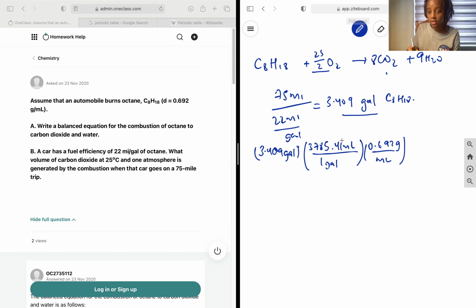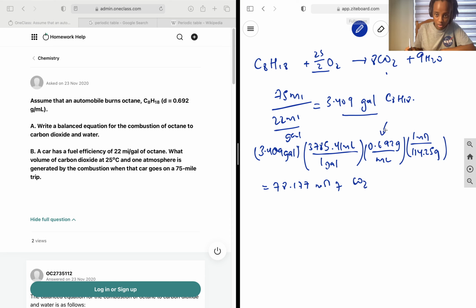So we want to convert it to milliliters so that we can find the grams. And then finally, we want to divide the grams out. So we have 1 mole per 114.25 grams. All of these values you should be able to find on the internet using some chemistry resource. And this will give us 78.177 moles of octane.